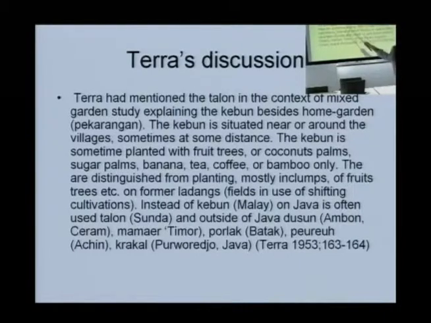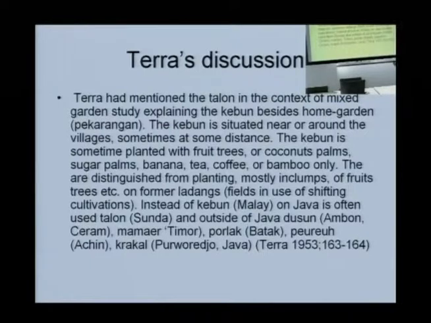Terra mentioned Tarum in the context of the mixed garden study, explaining the kebun beside the home garden. The kebun is situated near or around the village, sometimes at some distance. The kebun is sometimes planted with fruit trees, coconut, sugar palm, banana, tea, coffee, or bamboo only.